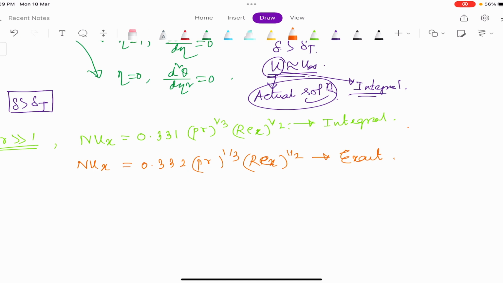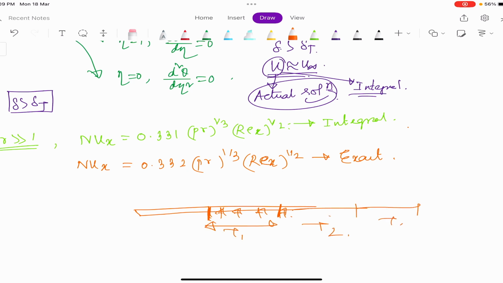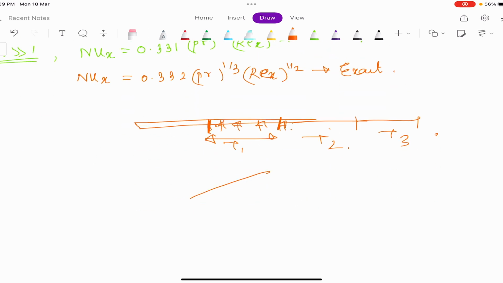That is, if this is your flat plate, maybe you start heat from here, or maybe from here to here you have T1, then you have T2, then you have T3. So there is a step change in the temperature. For all these cases there are some solutions. Also you have the flow over wedges, also you have suction and blowing. For all these cases we have some solutions.